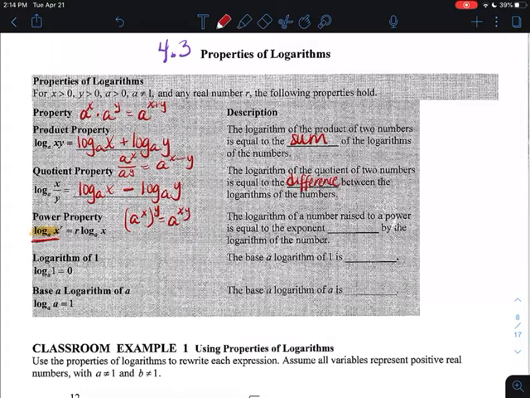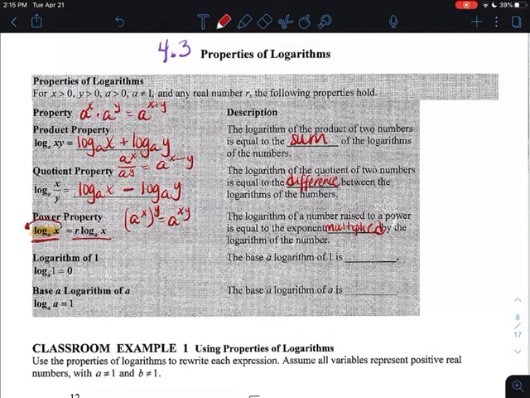So you're multiplying. We take that exponent and bring it right in front, and it becomes the coefficient. So log base a of x raised to the r power, the r comes right in the front, and you're multiplying r times log base a of x. So the logarithm of a number raised to a power is equal to the exponent multiplied by the logarithm of the number.